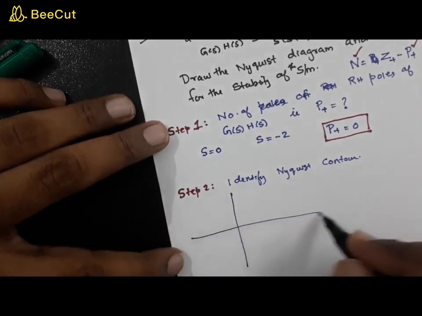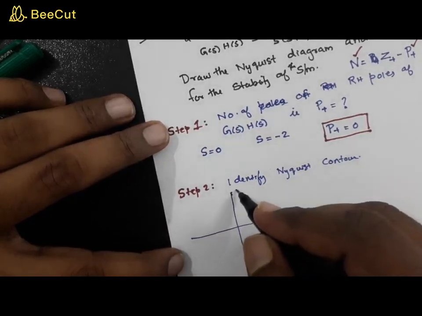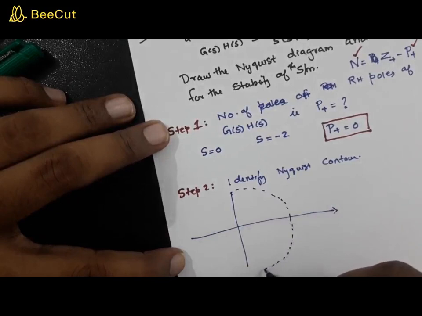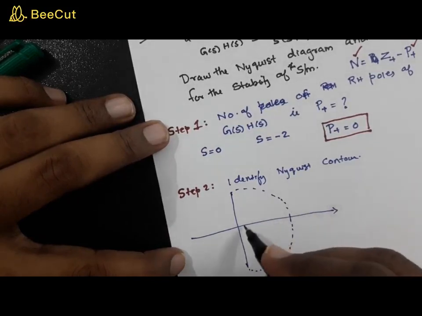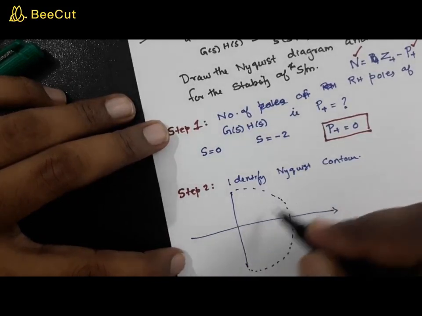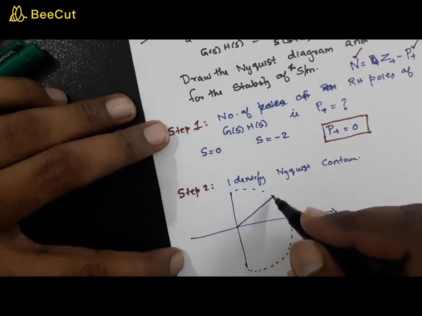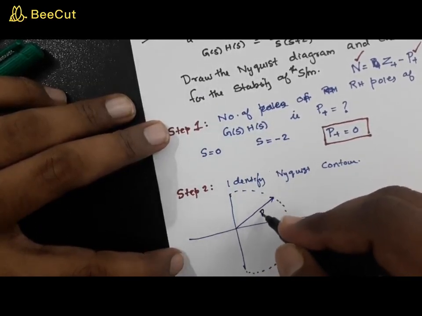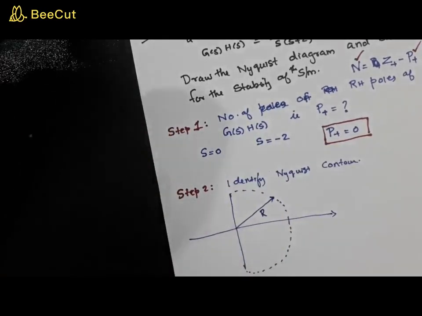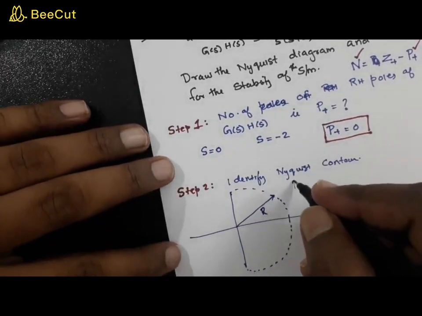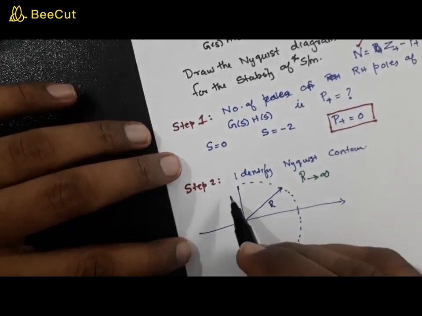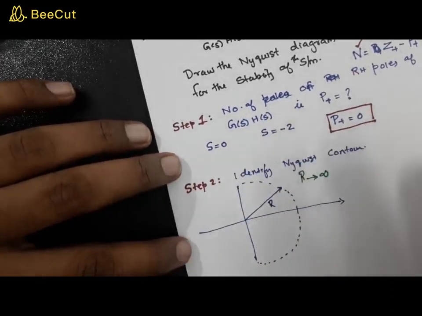So I'm using dotted lines because this has a boundary. Whole of the right half means if I consider the big radius, say I'm calling this R, then R tends to infinity, because this must cover the whole of our right half.